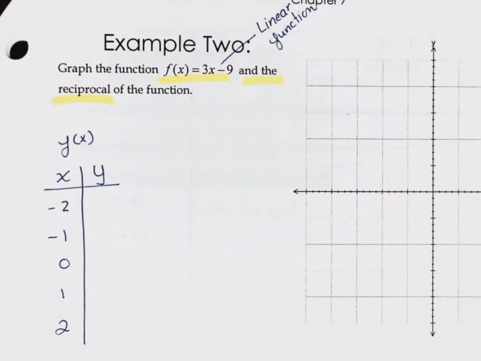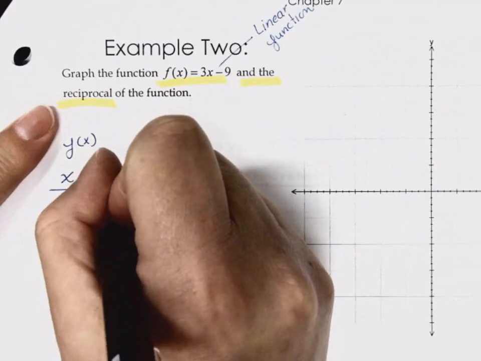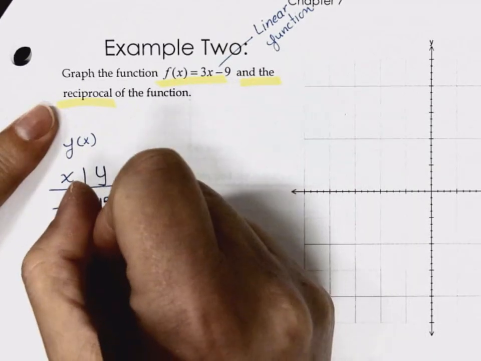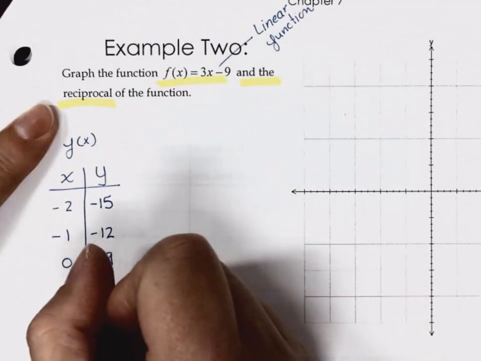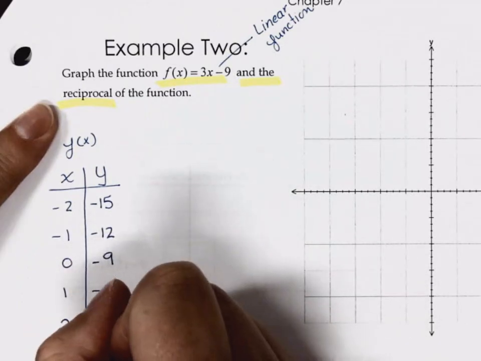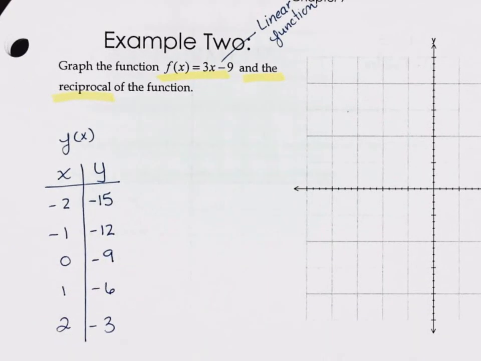-2 is going to give me a -15. -1 is going to give me -12, -9, -6, -3. Those are a lot of negative numbers. How does that make you feel?